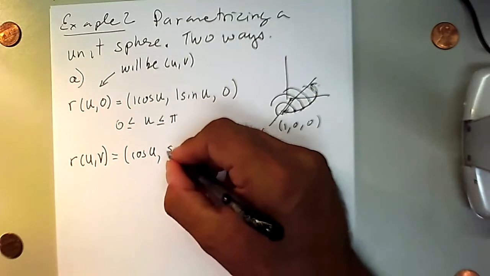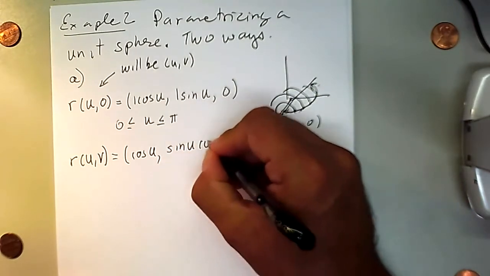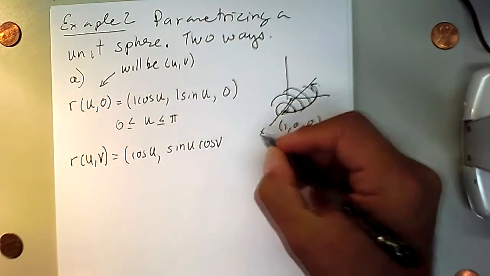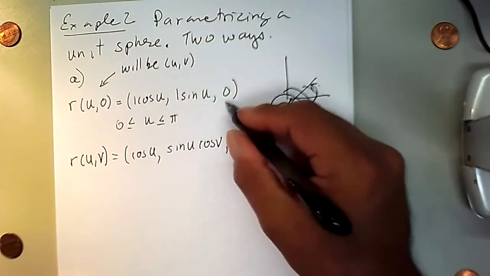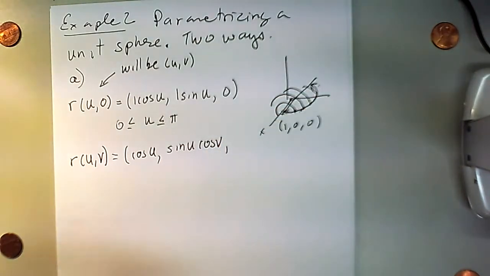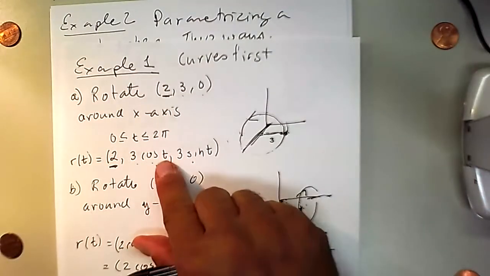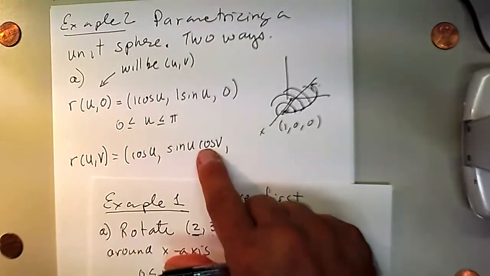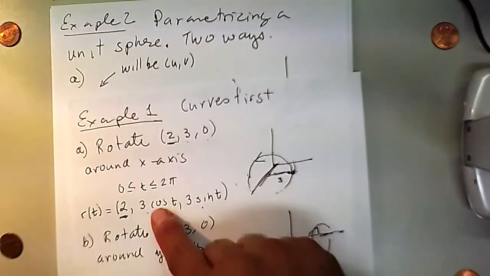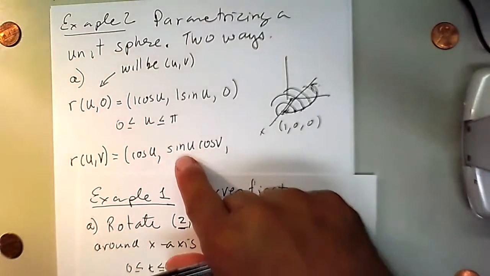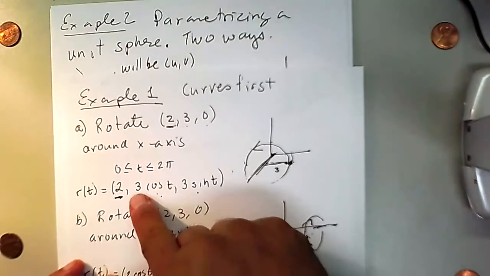So we're going to have sine U cosine V, and for this part, remember, the cosine of V takes the place of the cosine of t, and the sine u takes the place of the 3.